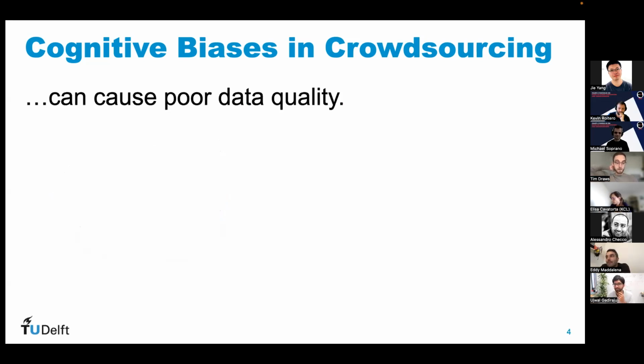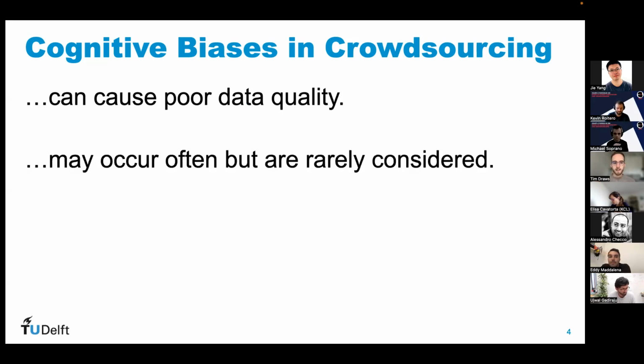So, as I said, cognitive biases have been shown to cause poor data quality in crowdsourced annotations. And this is, of course, a problem we would like to alleviate. And it might be quite a big problem. In this HCOMP paper that I mentioned, we did a sort of retrospective analysis of past HCOMP papers from the last few years.